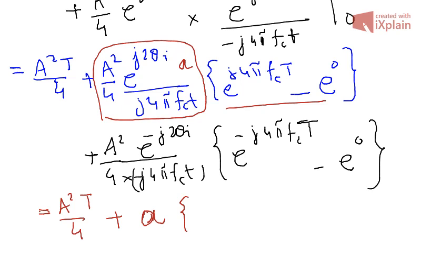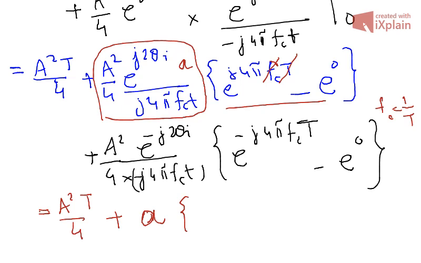So what is this? f_c and T cancel. f_c is frequency, 1 over the time interval. So keep in mind that f_c is equal to 1 over capital T. So this cancels out. Similarly, this cancels out.